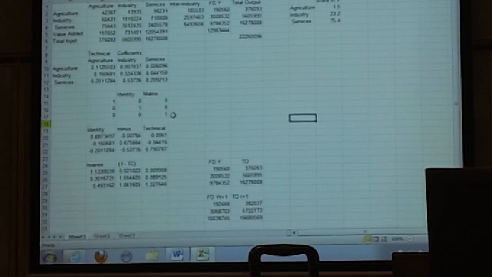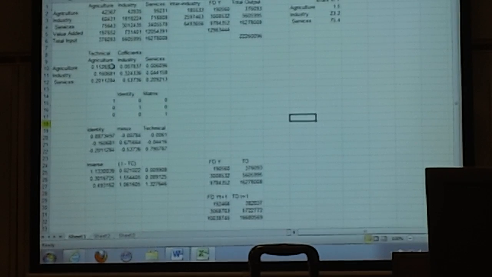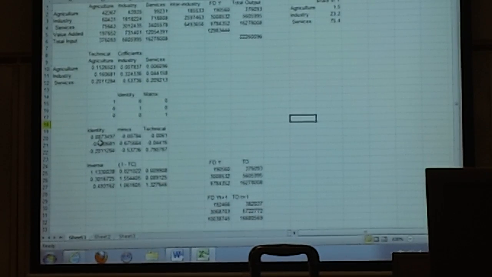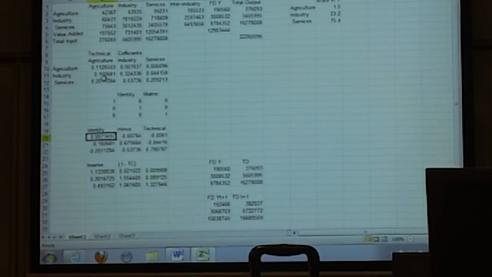This is the identity matrix. Now, this is the identity minus the technological. So it takes this identity matrix and subtracts from it this matrix. So, for example, that number is B15, which is the agriculture technical coefficient.